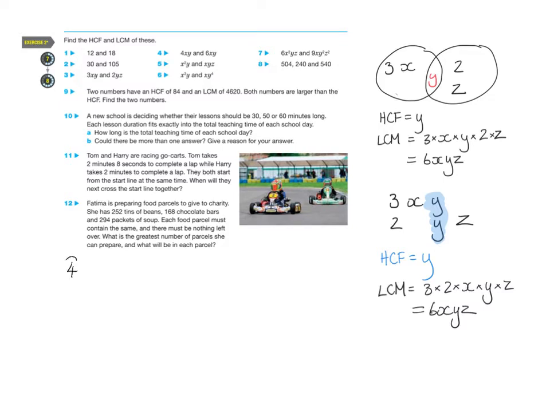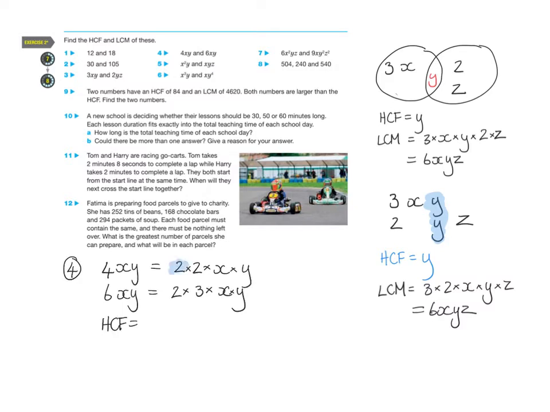Let's go to question 4. 4xy is the same as 2 times 2 times x times y. 6xy is the same as 2 times 3 times x times y, and that means the highest common factor is going to be the things that are common.